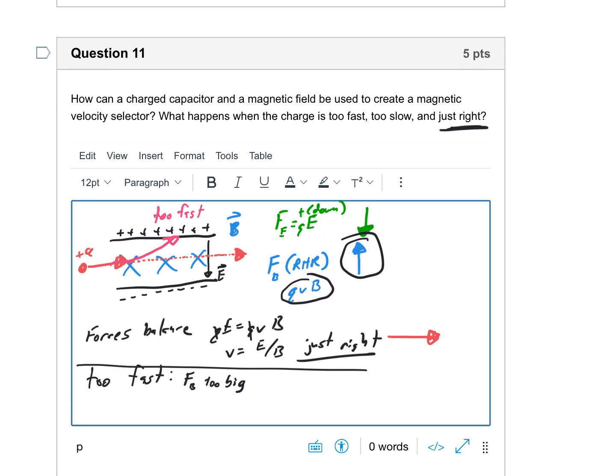And then for too slow, the magnetic force is going to get small, and the electric field force stays the same. So in that case, the electric force will be the stronger one, and it will deflect like so.